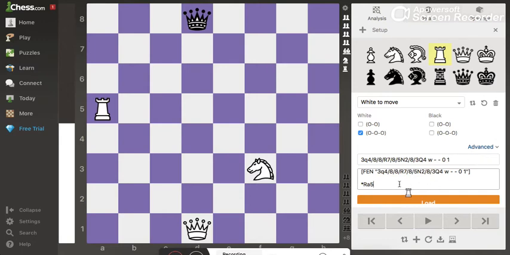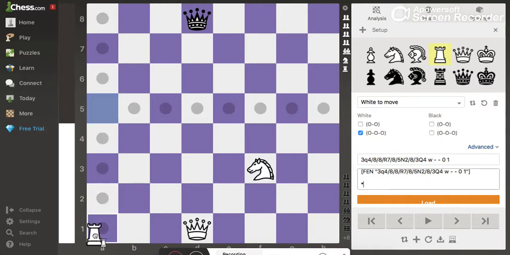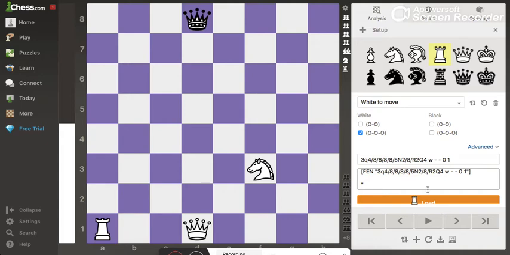The old technique was, suppose this was the rook on a1, and now I am going to a5, so we used to write a1 a5.